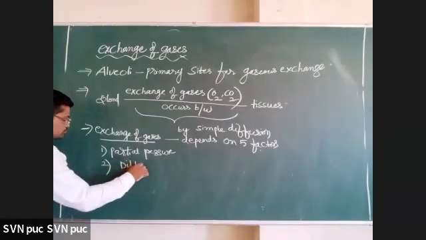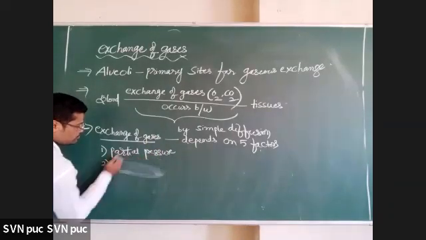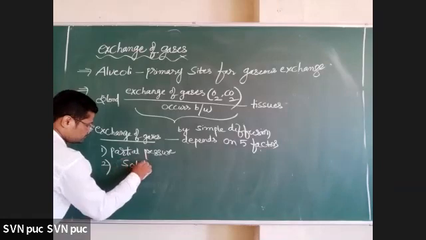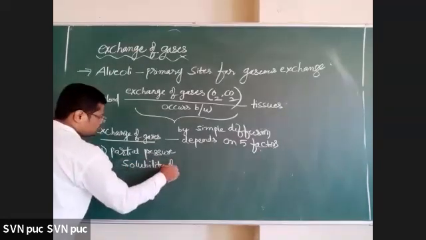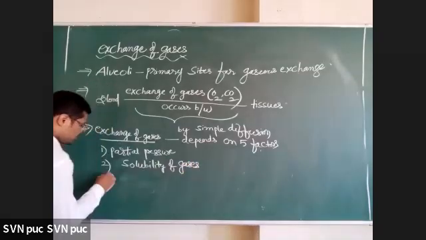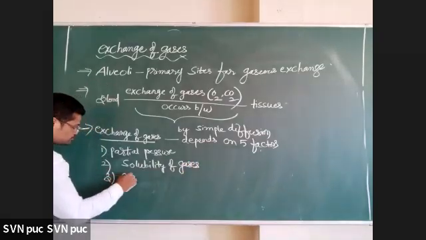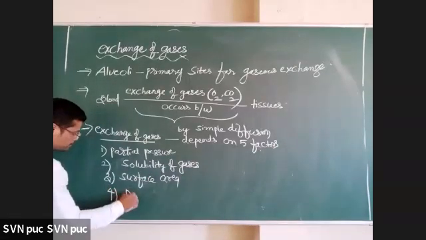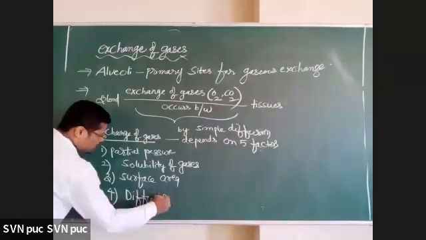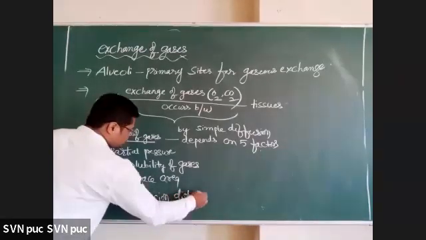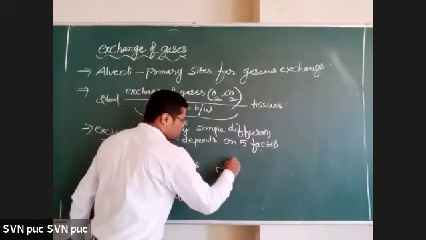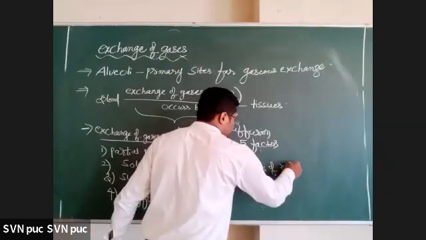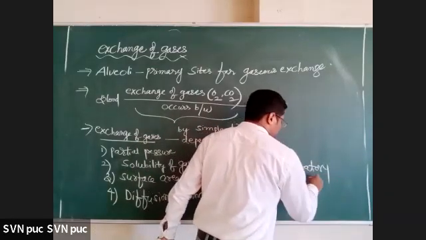Factor number two, solubility of gases. Factor number three, surface area. Factor number four, diffusion distance. Factor number five, thickness of respiratory membrane.